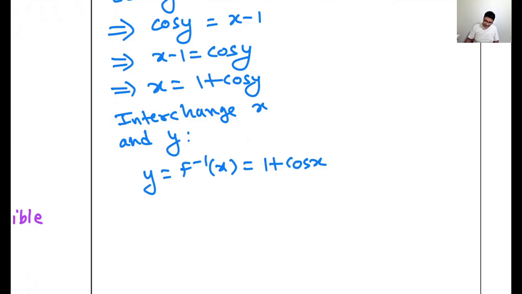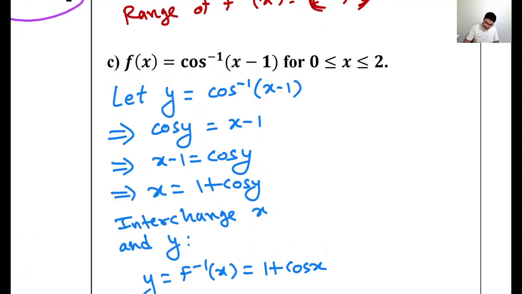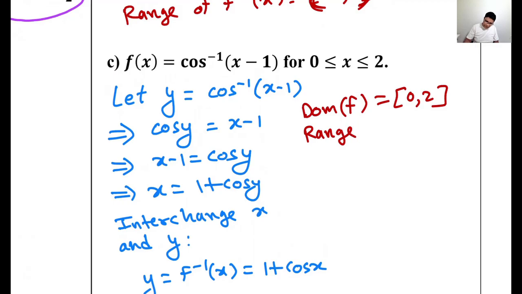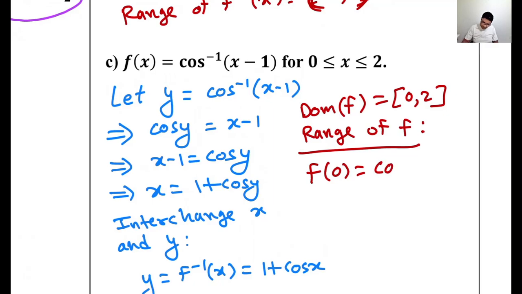Okay. Now, as far as domain and range is concerned, let's see. Domain of the function f is 0 to 2. For calculating the range of f, we have to do some work. f of 0, if you plug in 0, you get cos inverse of -1. And remember the fundamental cycle of cosine, -1 occurs at pi.